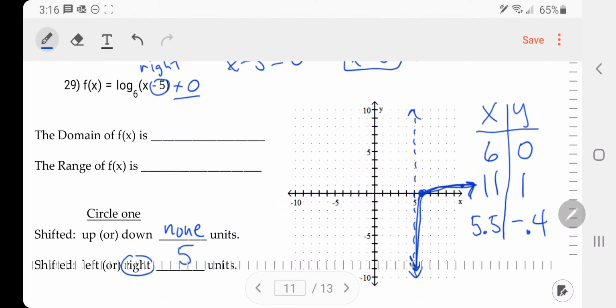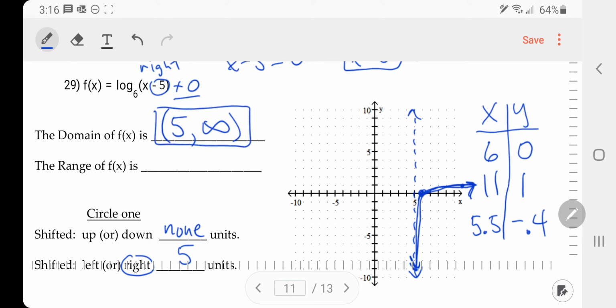No pun intended. And then we can do the domain and range. Moving from left to right, this graph is going to begin at 5, but it cannot be 5 because there's an asymptote. So we're going to use a parenthesis, which says 5 is not included, but it will go to infinity.